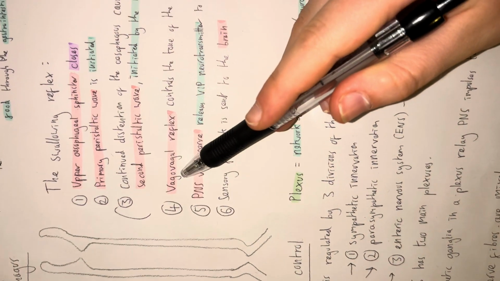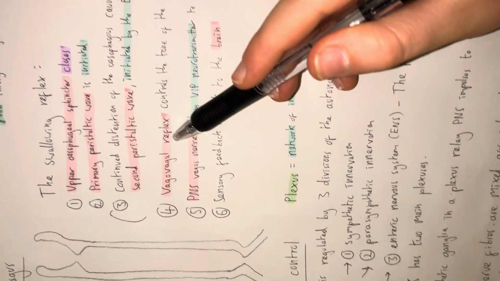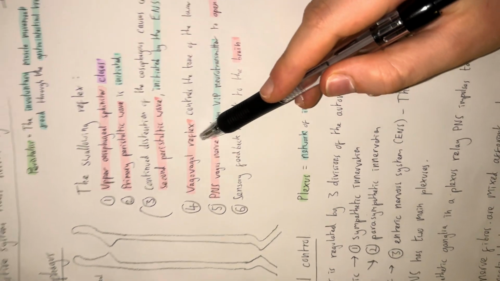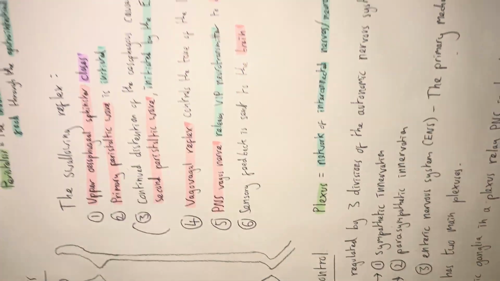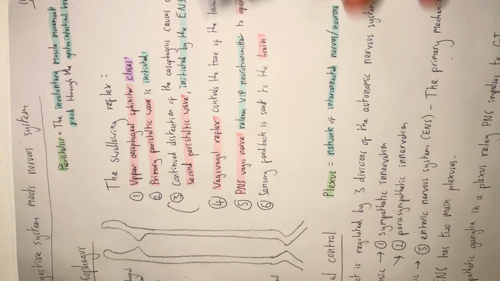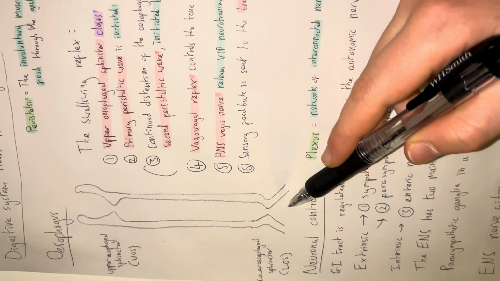And then we have the vagovagal reflex. I'm not sure if that's correct. That was what was on my PowerPoint, but I'll double check that later. So that controls the tone of the lower esophagus, so just how tight it is.